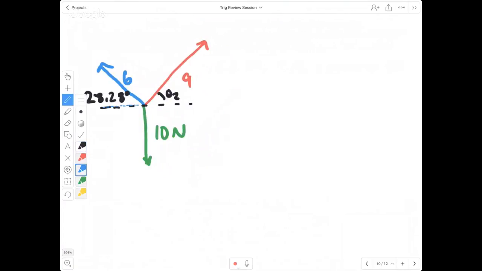So here's 6 cosine 28.28. And on the other side, the right side force, 9 cosine theta 2. So these two forces need to be balanced.